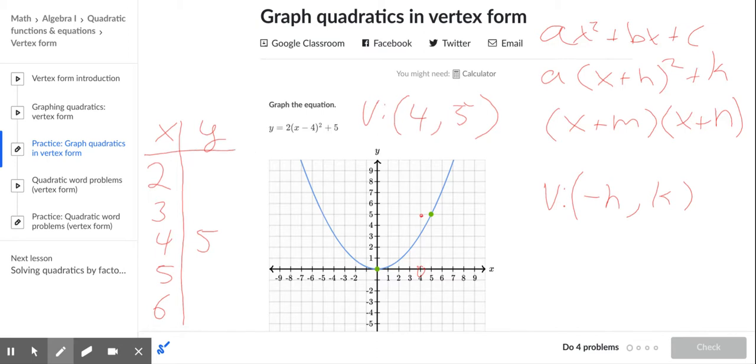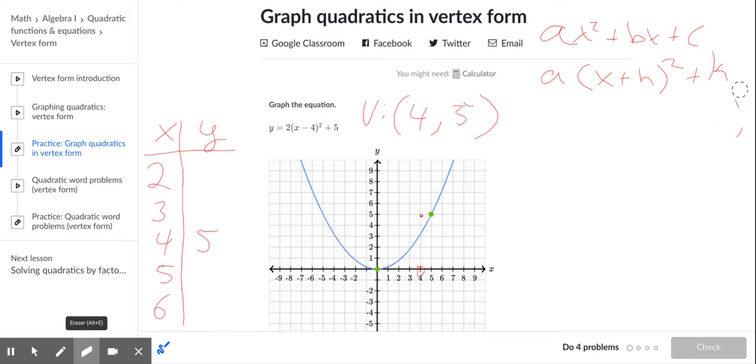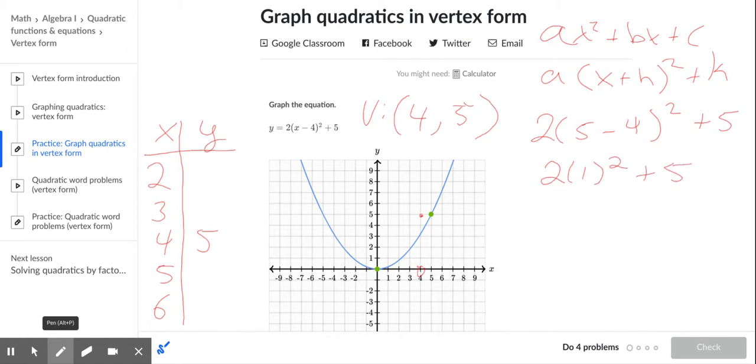So I'm going to give myself some room over here and plug in 5. So 2 times 5 minus 4 squared plus 5. 5 minus 4 is 1. 1 squared is still 1. 2 times 1 is 2. 2 plus 5 is 7.